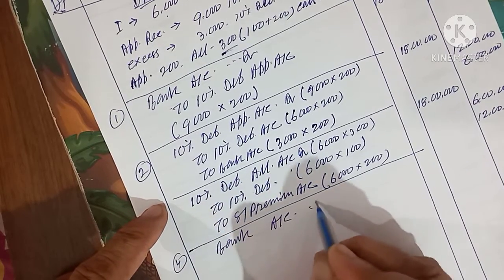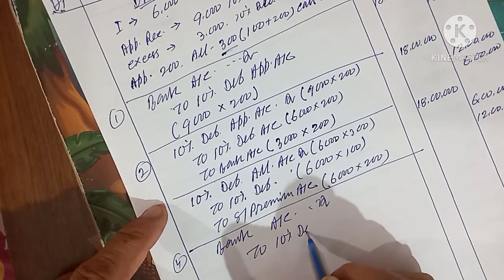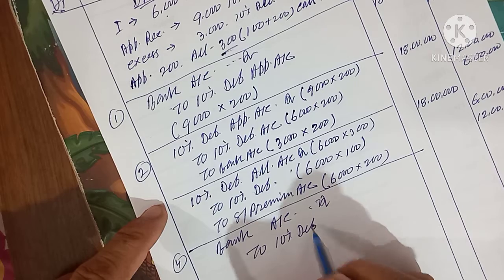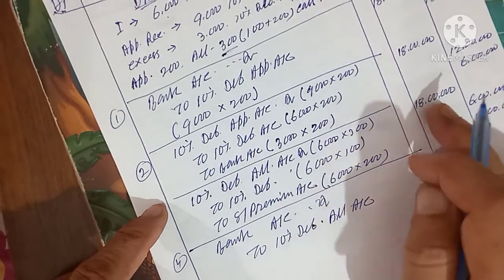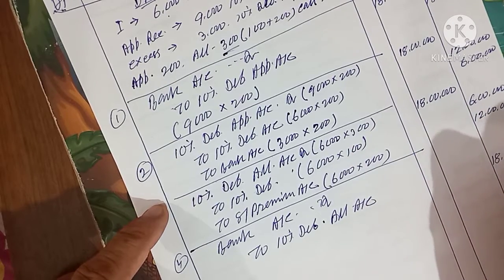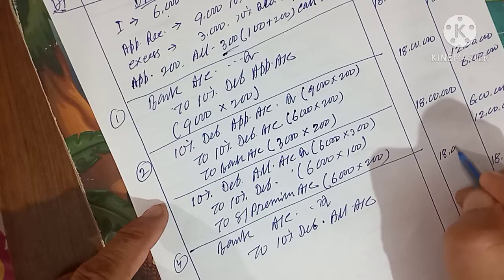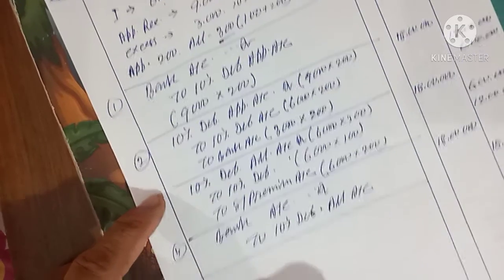So when you receive the money, the full money you have received. So bank account debit to 10% debenture allotment account, you got that amount, 18 lakhs. So write 18 lakhs, and you have also received this 18 lakhs with premium. This is the fourth entry.